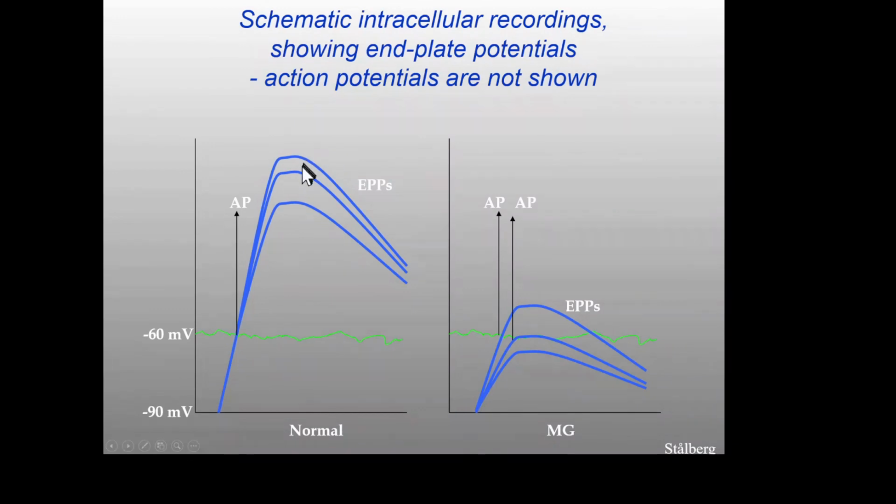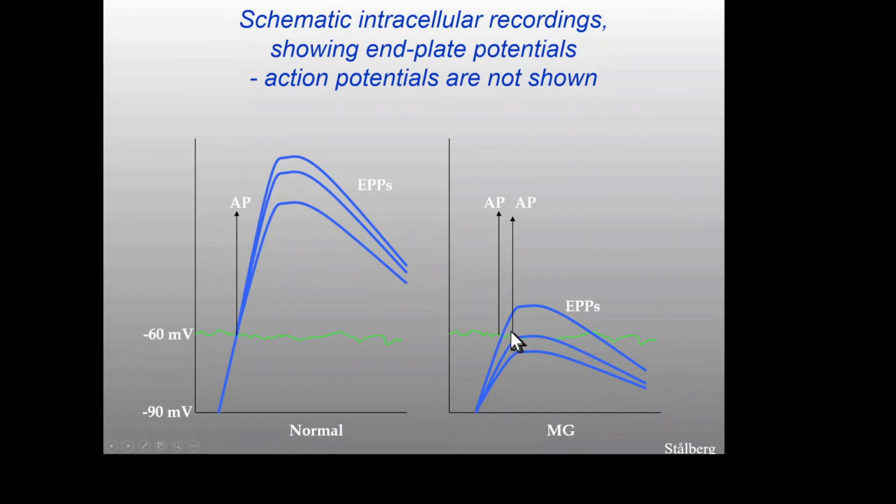And these are three stimuli, and you see how the amplitude decreases also in the normal muscle. So we have a decrement already there, but that is not seen in the practical situation, since the end plate potentials are way above the threshold, and that is called the safety factor.